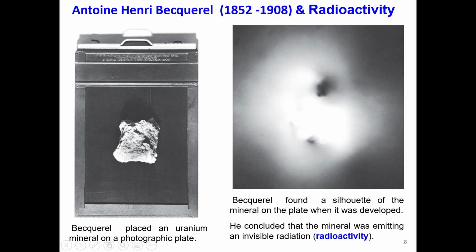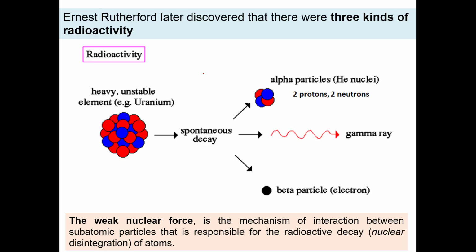He concluded something was emitted from the mineral, and at that time he didn't know what kind of radiation was emitted. Then he called this radioactivity. And he was the first person that studied the nuclear reactions, or radioactivity.